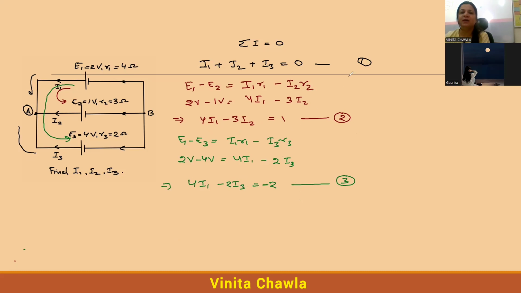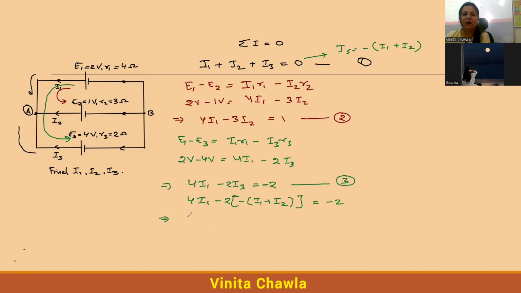From equation 1, we can write I3 as minus I1 plus I2. So we have 4 I1 minus 2 times bracket minus I1 plus I2 bracket close is equal to minus 2.